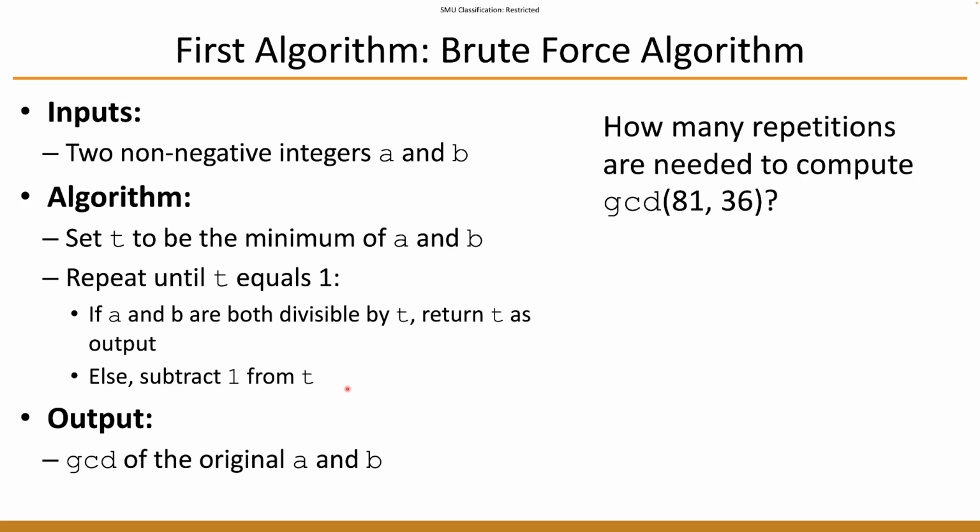As an example, you can look at 81 and 36. The smaller number is 36, so that will be your T. You start from 36 and try to see whether or not 36 can be used to divide 81. It turns out to be no, right? So following the process, you reduce the value by 1. Now the value becomes 35.